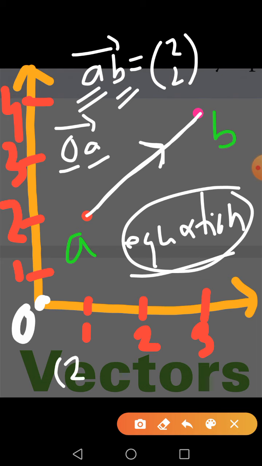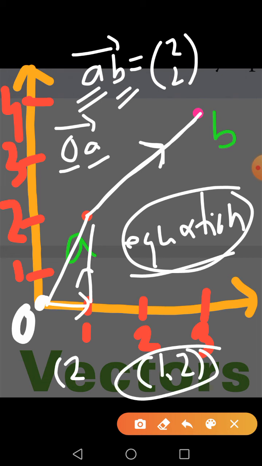That means from O to A, if you want to go, then you have to take one step in the x direction and 2 steps in the y direction. So, it has to be 1, 2.